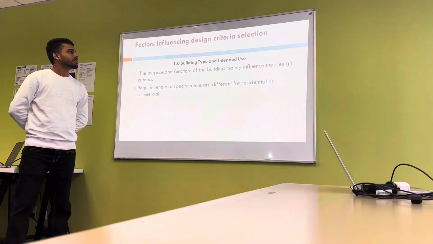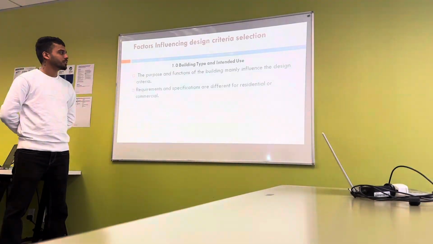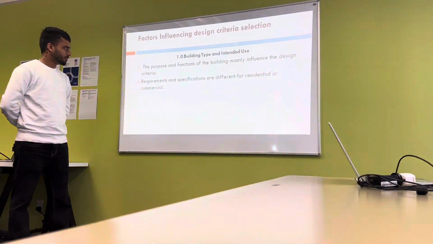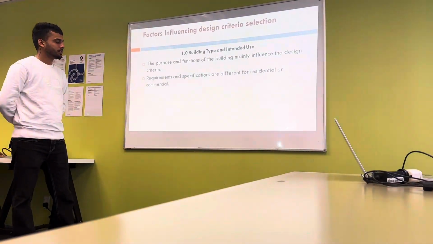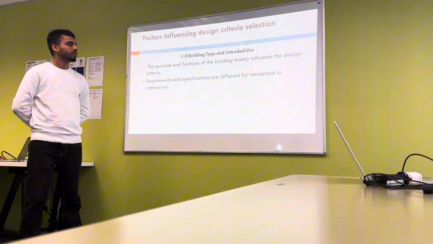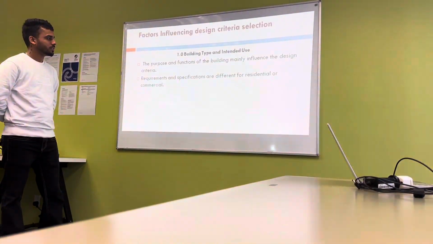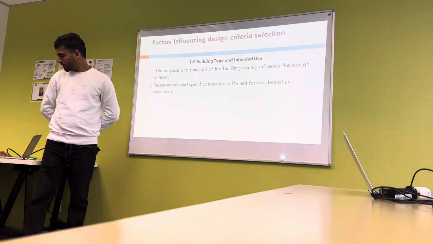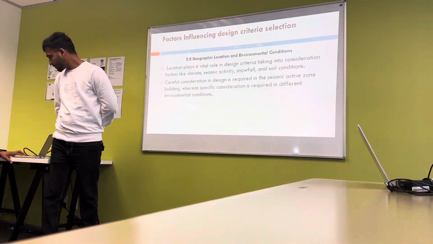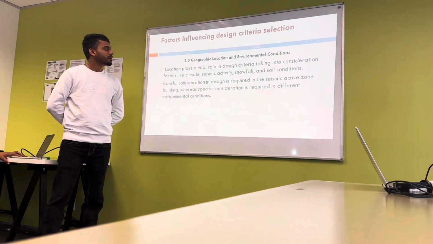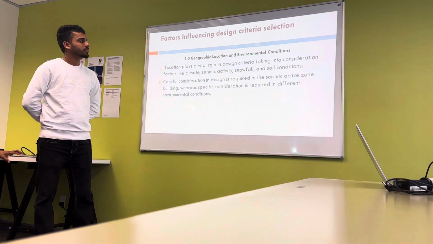Factors influencing design criteria selection. First one is building typology and intended use. The purpose and functions of the building mainly influence the design criteria. Requirements and specifications are different for residential or commercial buildings. The second point is geographic location and environment.